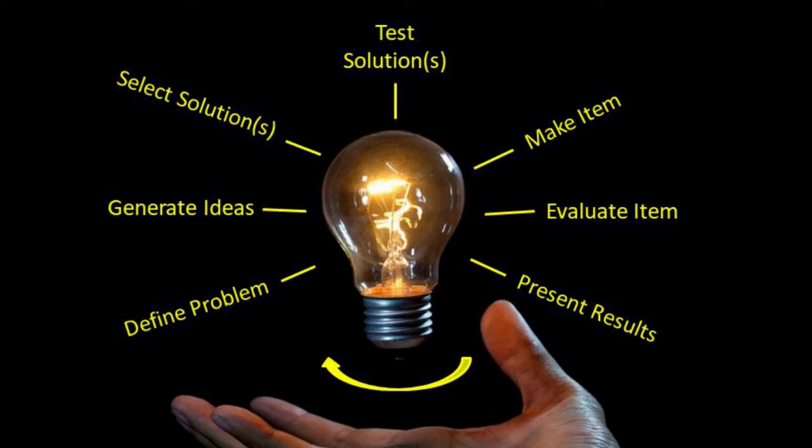Once you do that, you're going to be brainstorming. You're going to be thinking about all the possible ideas that you could use to solve this particular issue, concern, or problem that you identified. After you do that, you're going to be selecting the best one, because all of them are possible, but there is a best one. So you're going to be selecting the best possible solution.